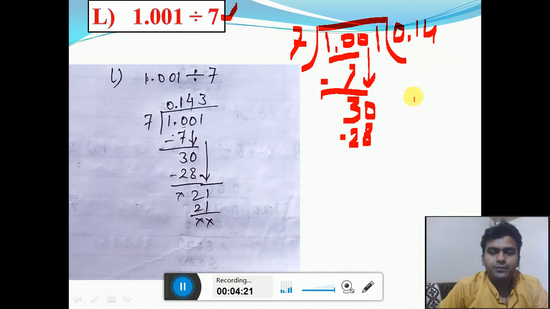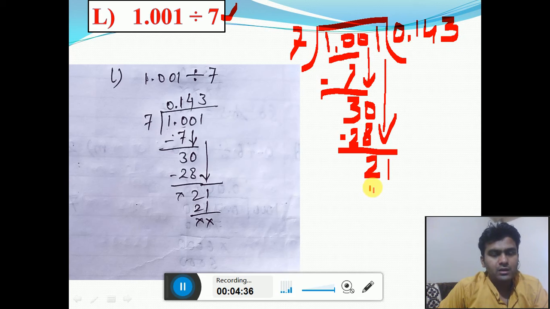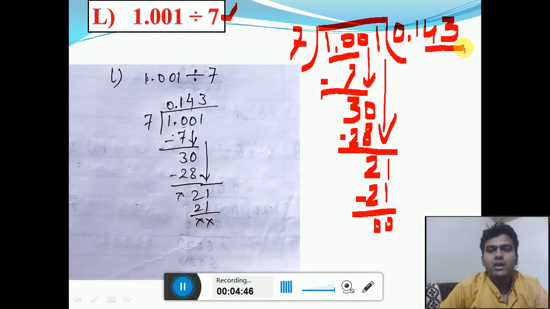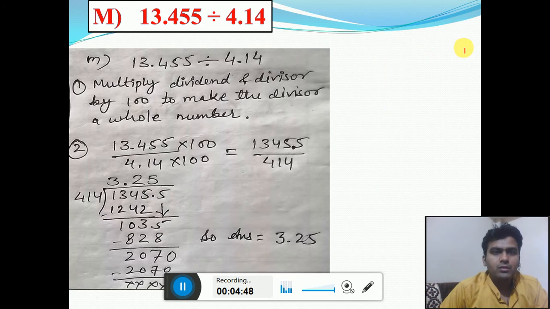Subtract: 30 minus 28 equals 2. Now bring down the next number. The number becomes 21. 7 threes are 21, so subtract: 1 minus 1 is 0, and 2 minus 2 is also 0. So what is the answer? 0.143.